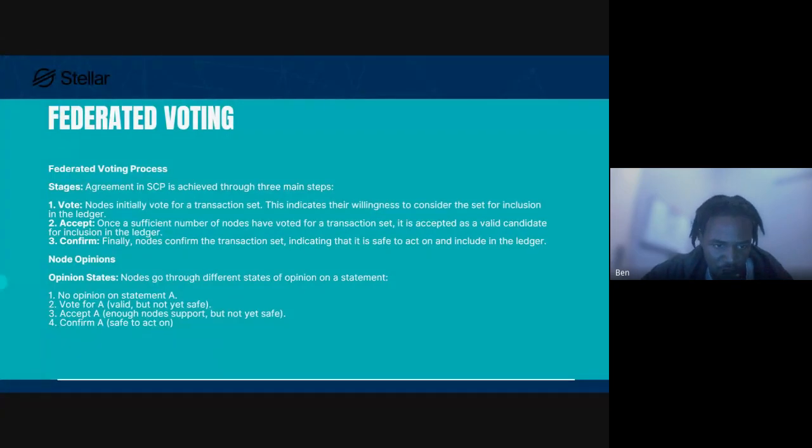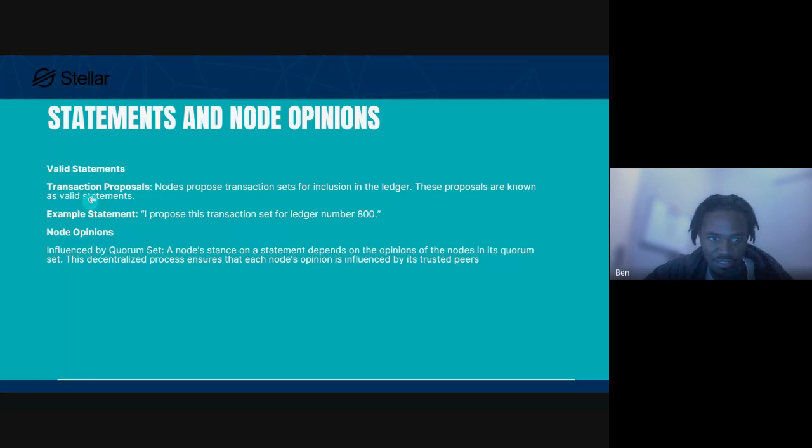And we spoke about node opinion as well. So how does a node come to a conclusion that, okay, now I can agree that this transaction is valid? Nodes go through different states of opinion on a statement. Remember, when we talk about a statement here, it is a transaction proposal.